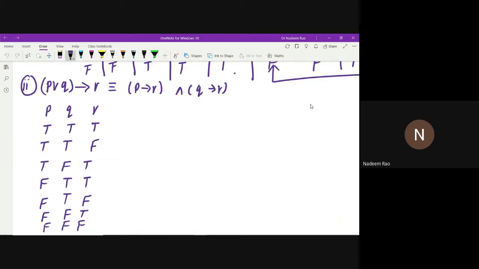Then false, true, true; then false, true, false; then false, false, true; and then false, false, false.